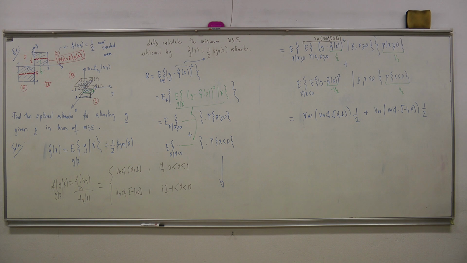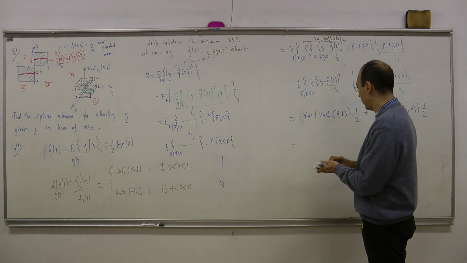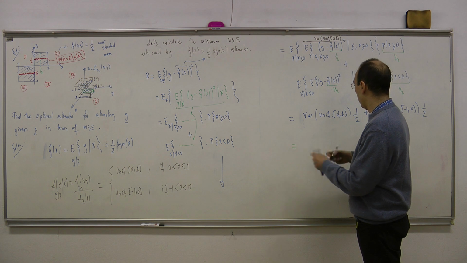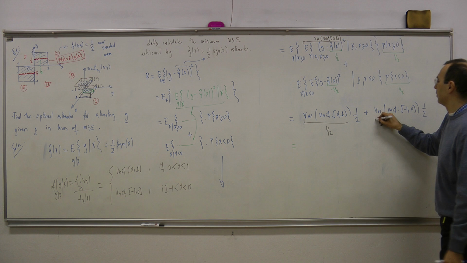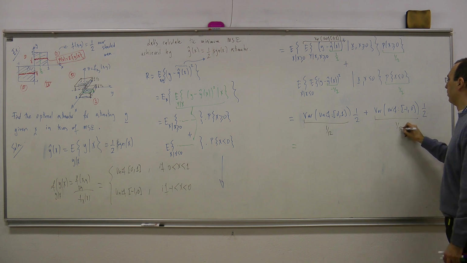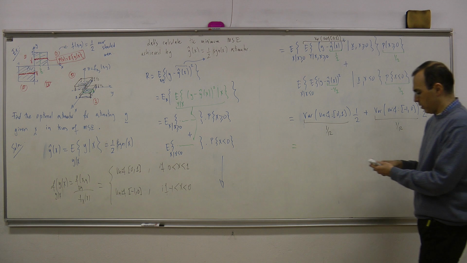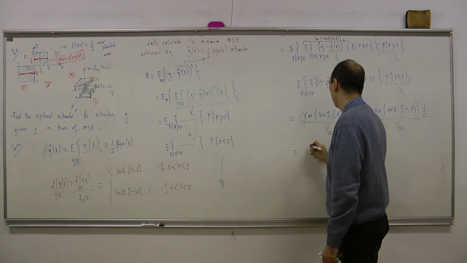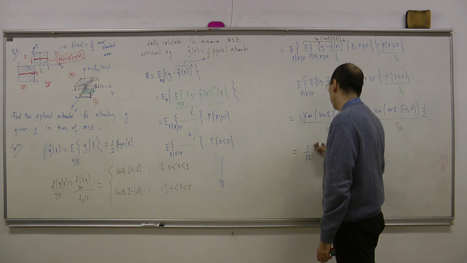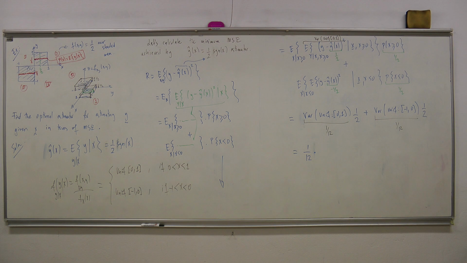Okay, so what is this? I know that this is equal to 1/12 from my uniform distribution information. So the final result is 1/12. So this becomes the MSE, 1/12.